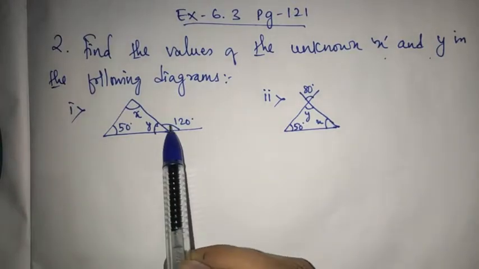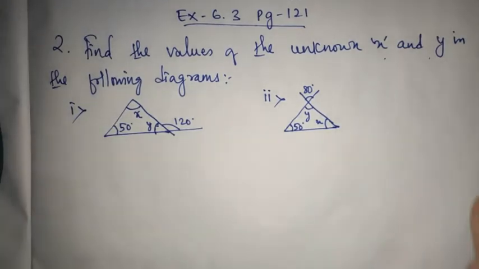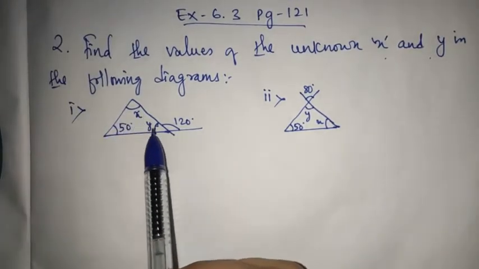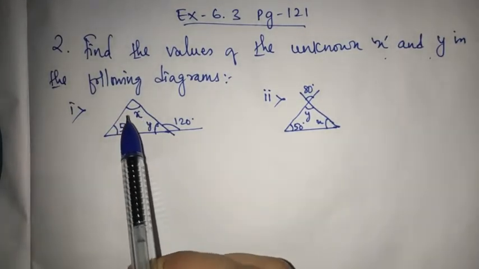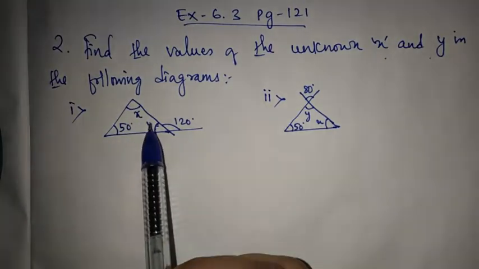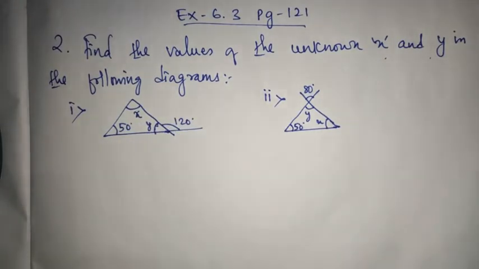Why am I going to use the exterior angle? Because obviously the exterior angle is mentioned here, that's why. Also all the interior angles are not mentioned, so to find that we are going to use the exterior angle property.